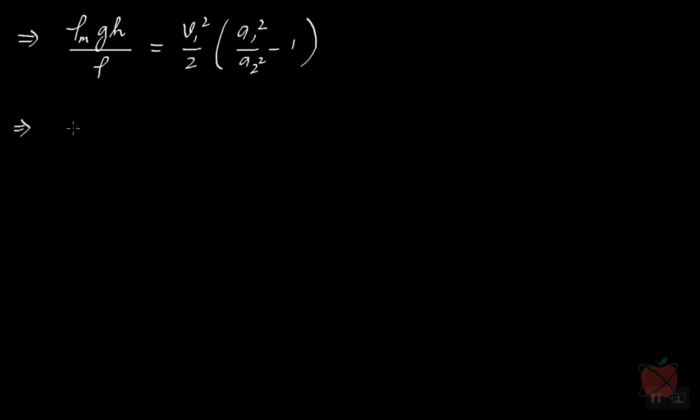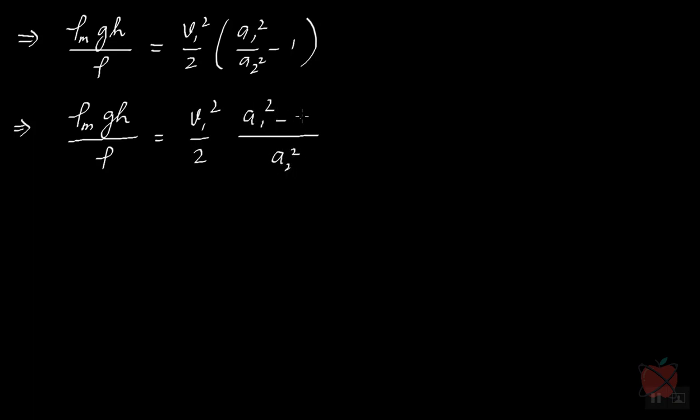Let's derive this some more. V1 square by 2 times A1 square minus A2 square over A2 square in the denominator. So V1 square will be 2 A2 square rho1 mgh divided by rho times A1 square minus A2 square.